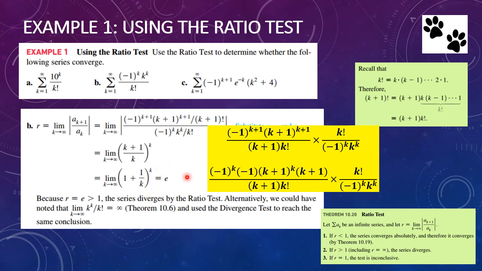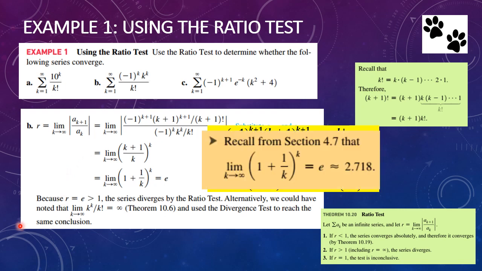Now, you may not readily remember this, but this is from Calculus 1, and this is an application of L'Hopital's rule in solving limits. All right? And again, we can see here, because e is greater than 1, the series diverges by the ratio test.